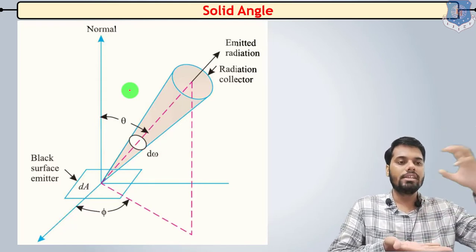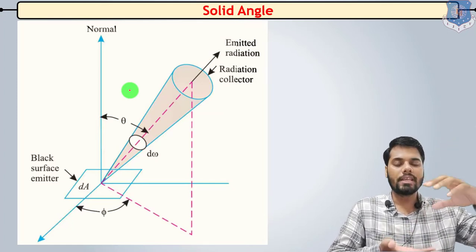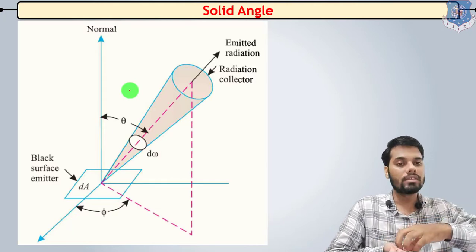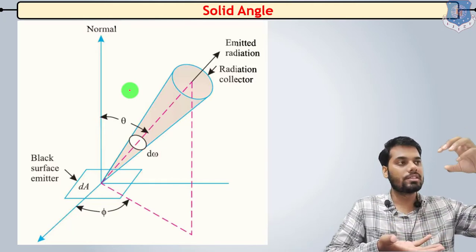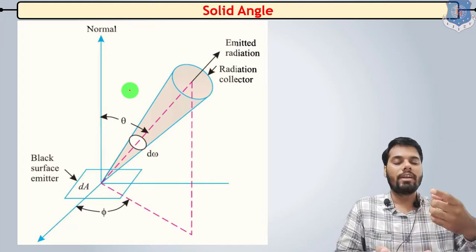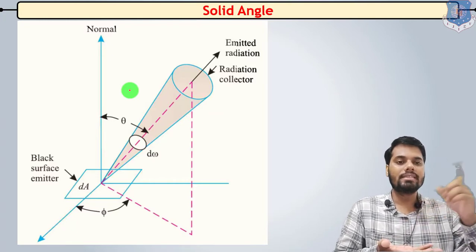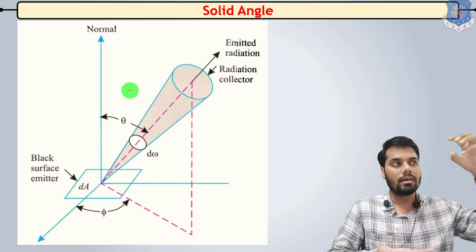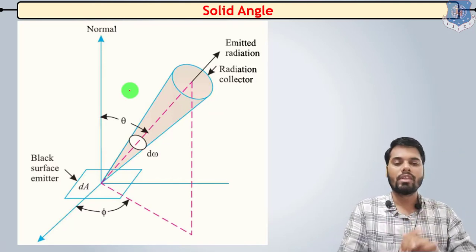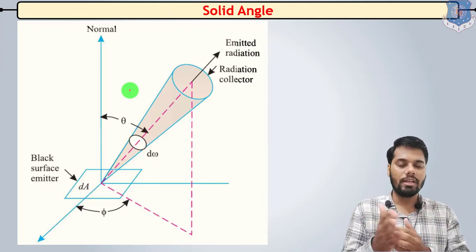So in the radiation mode of heat transfer, the orientation between the two bodies plays an important role in the amount of electromagnetic wave emitted by one surface and received by the other. That angle affects the intensity of radiation received by the second object from the first object. That's why solid angle plays a very important role in the radiation heat exchange process.